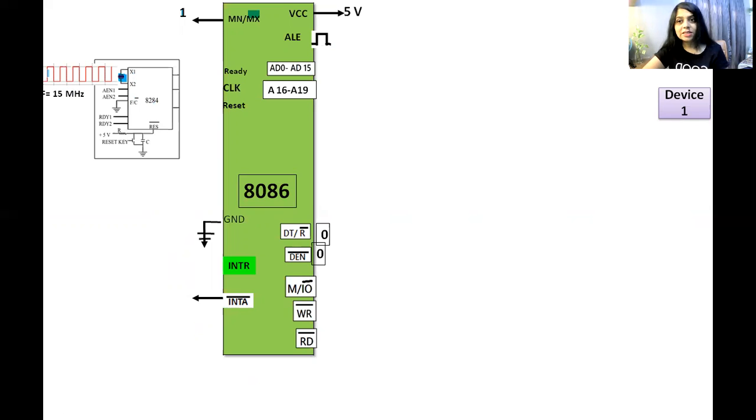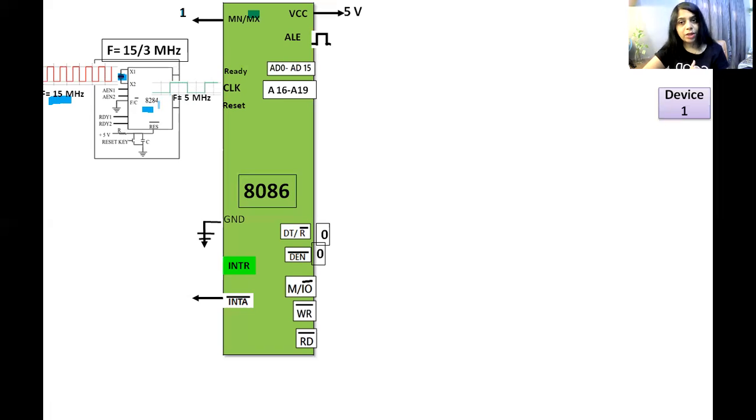Let's say the frequency of this clock signal is 15 megahertz, then 8284 will divide this frequency by 3 and the remaining clock frequency is given to 8086 microprocessor. Suppose we want 8 megahertz applied to 8086, in that case this frequency should be 24 megahertz.